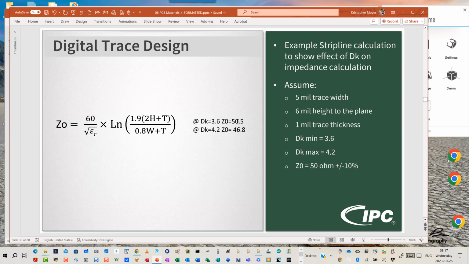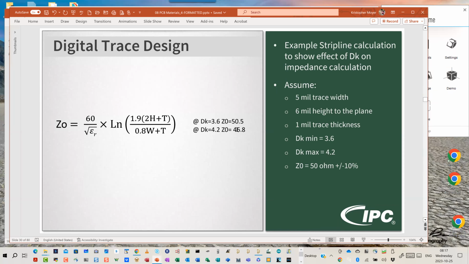So I'm almost dead on to my target, and so I have plenty of margin. If nothing else changes, I leave the 5 mil trace, the 6 mil height, the 1 mil thickness, etc., and the only thing I do is allow the fabricator to choose a different material that's at 4.2, all of a sudden my characteristic impedance drops all the way to 46.8.